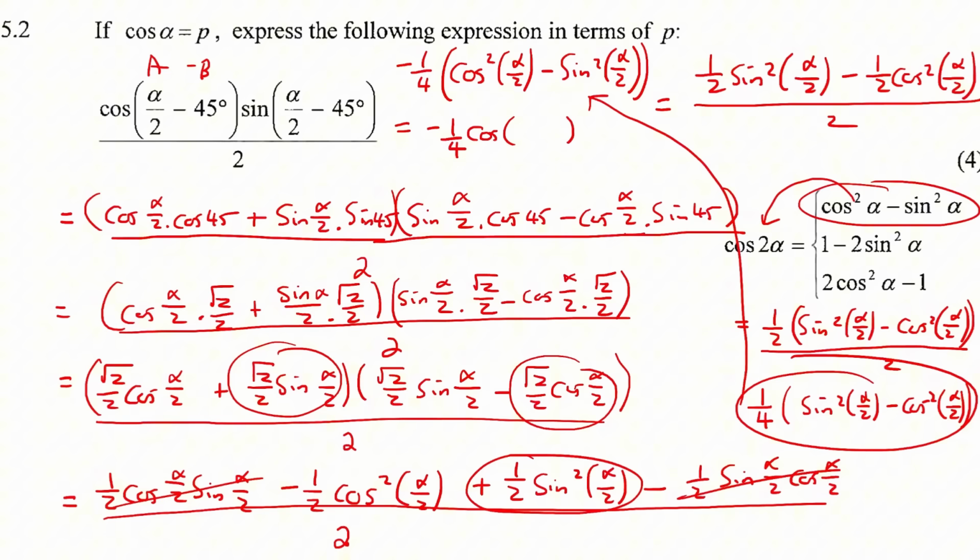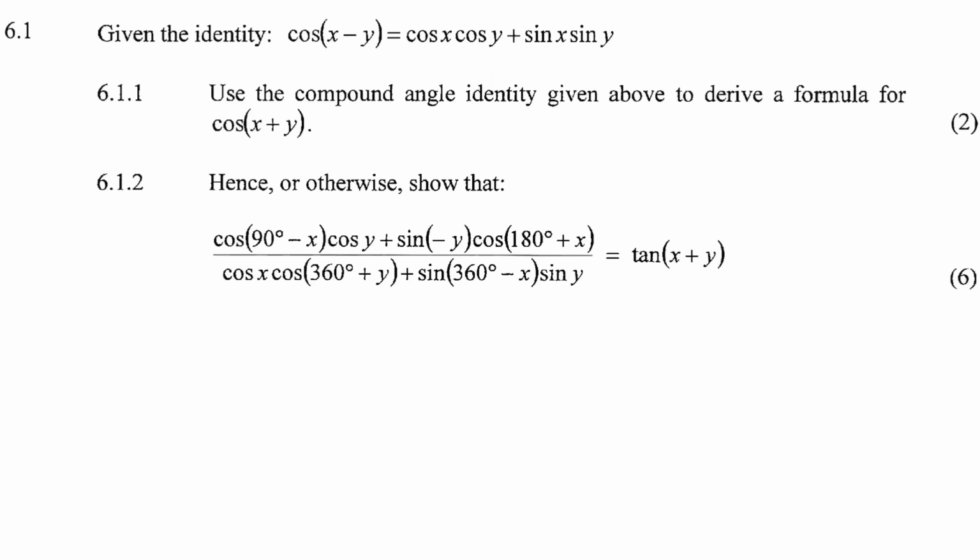If you double alpha over 2, then you multiply that by 2, the 2s cancel, and you actually just get alpha. So we just end up with that. And we know that cos alpha is equal to p. What we're now going to do is replace cos alpha with p, and so we get a final answer of negative a quarter.